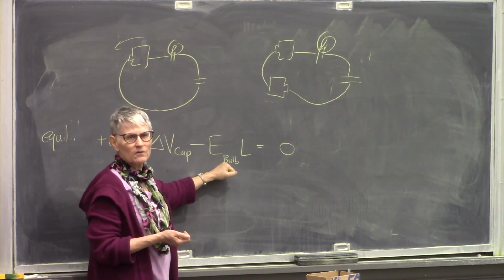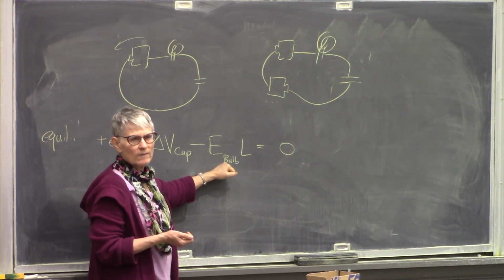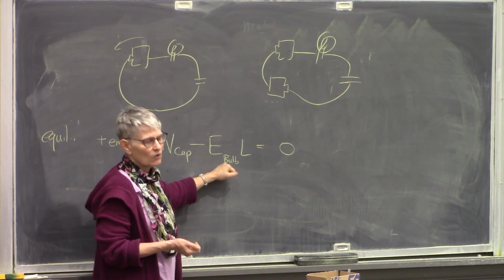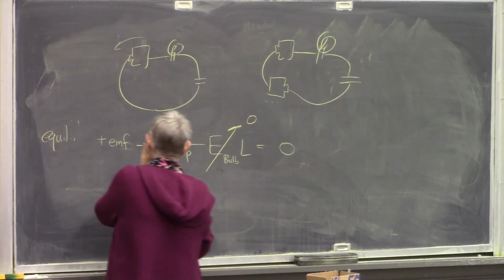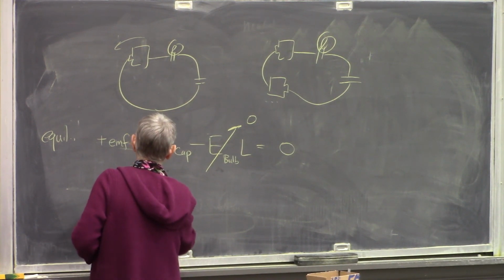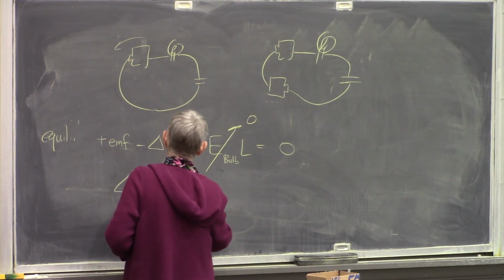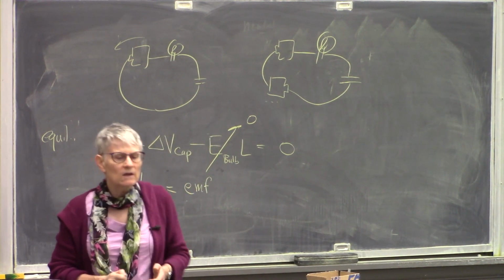What about the electric field in the light bulb? At equilibrium it's 0, because if it weren't, you'd have charge flowing. So the potential difference across the capacitor has to be numerically equal to the EMF of the batteries.